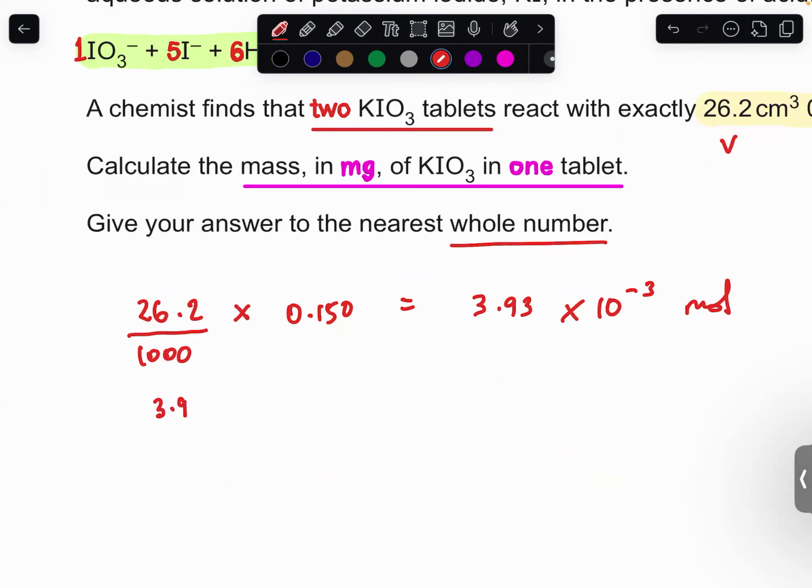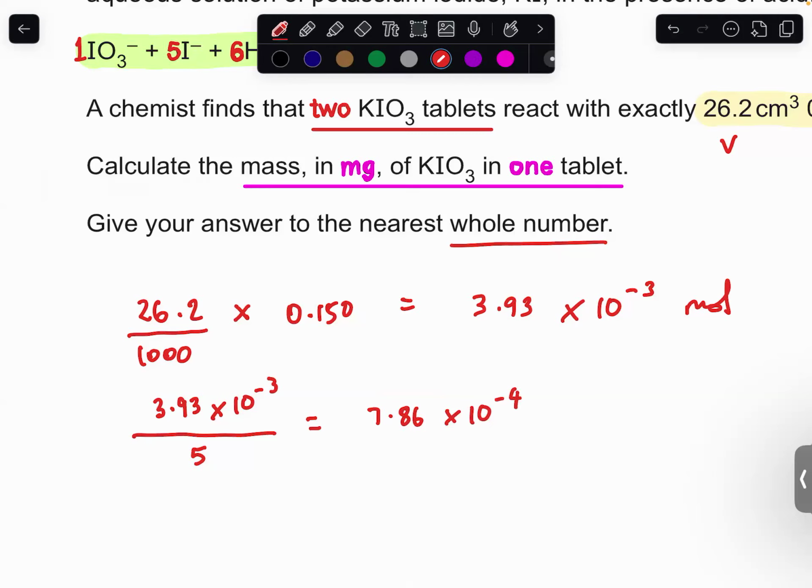So we do 3.93 times 10 to the minus 3, we're going to divide that by 5. This gives us the moles of iodate. Let's divide that by 5. 7.86 times 10 to the minus 4.